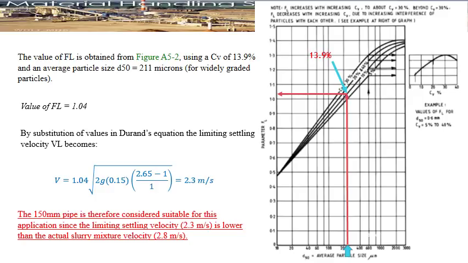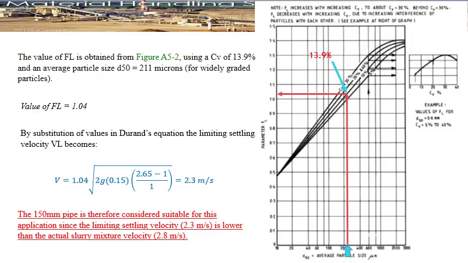Now, we said here that the 150 millimeter pipe is considered suitable for this application, since the limiting settling velocity, which we calculated as 2.3 meters per second, is lower than the actual slurry mixture velocity, which is 2.8 meters per second.